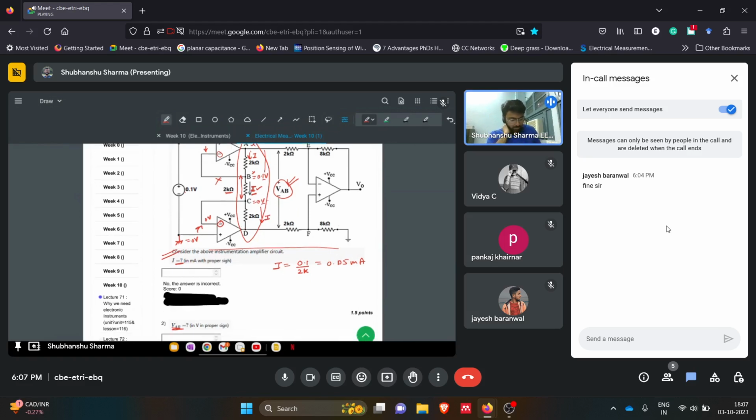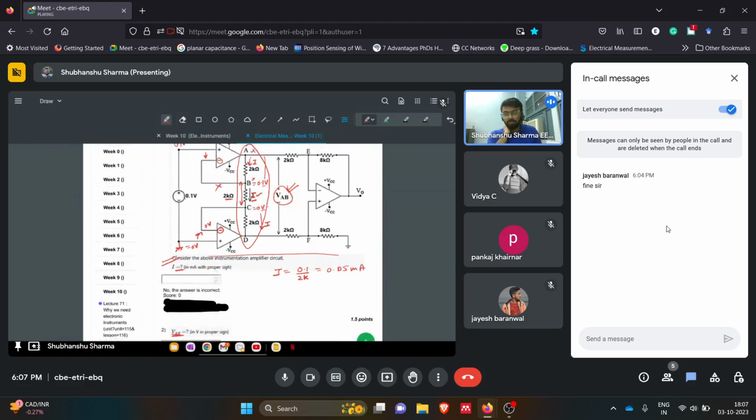So keeping that in mind, if we find the voltage, I will denote this node with E, just to avoid confusion, instead of B. So the whole voltage will be VAE plus VEC plus VCD, which equals VAB.